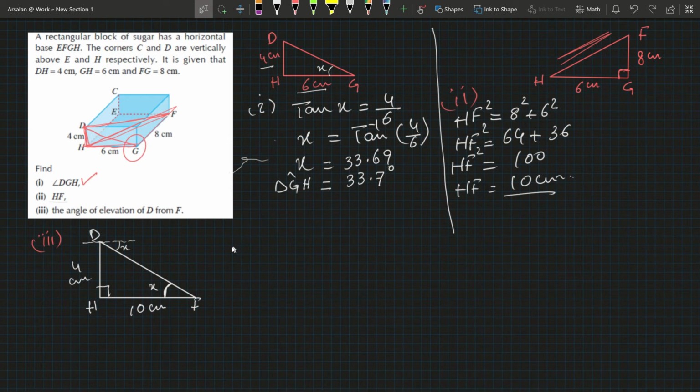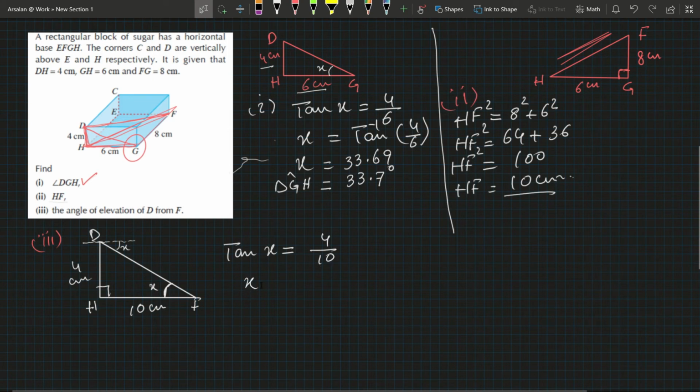Now the question is again very simple, again a tangent ratio, tangent x, which I have taken as the angle of elevation, equals 4 over 10, and then you'll take tan inverse of the value, tan inverse 4 over 10, and then you'll use your calculator, shift tan inverse and 4 over 10.